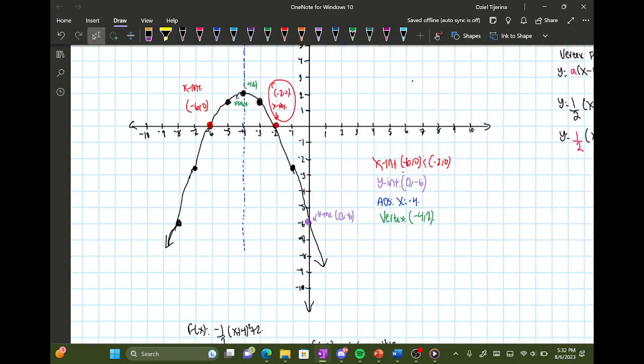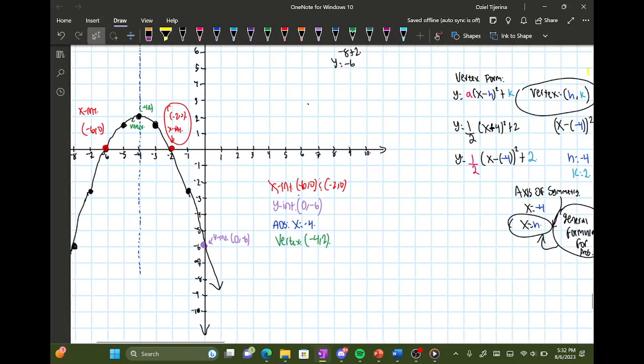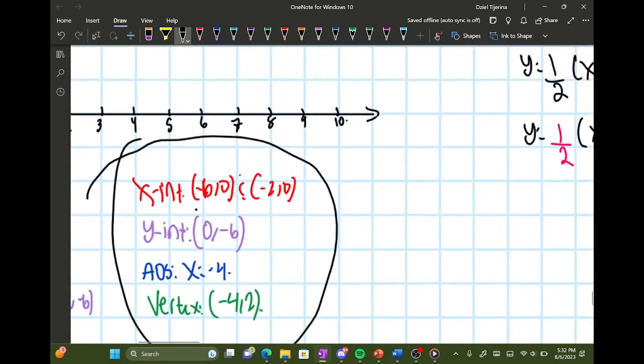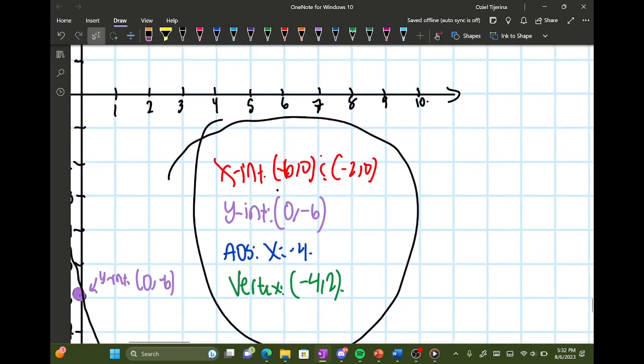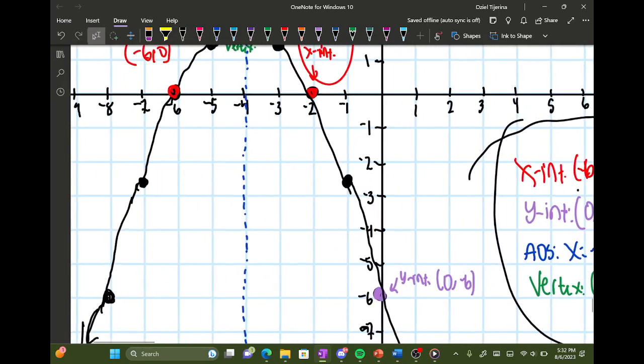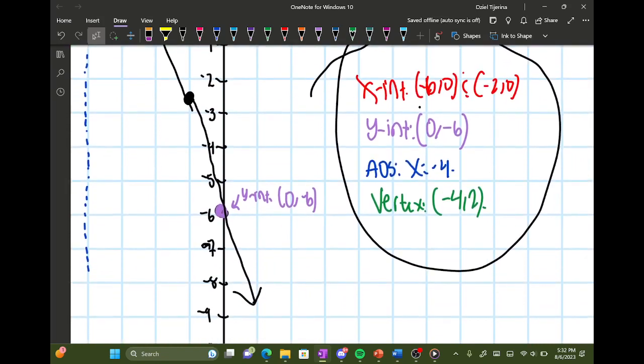So in conclusion, this is how we would graph this function. And like I said, these are the 4 things that we were asked for. The x-intercepts are negative 6, comma 0 and negative 2, comma 0. That's where they touch the x-axis. The y-intercept is at 0, negative 6, which is in purple. It crosses the y-axis.